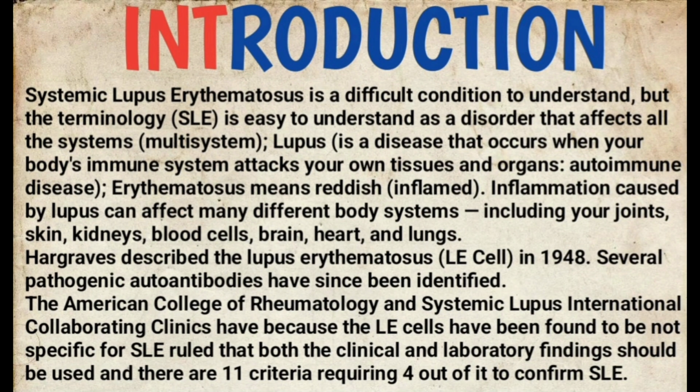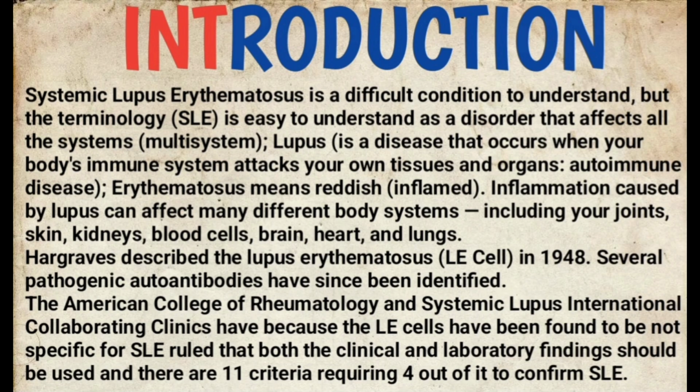The introduction: systemic lupus erythematosus is a difficult condition to understand, but the terminology SLE is easy to understand as a disorder that affects all the system. S standing for system, multi-system. L, lupus, is a disease that occurs when your body immune system attacks your own tissues and organs.